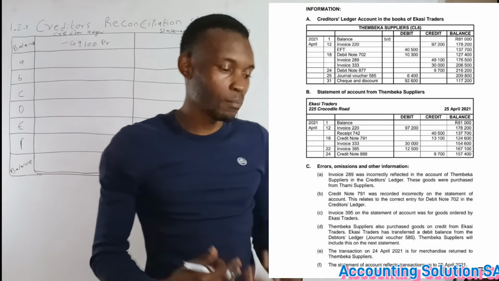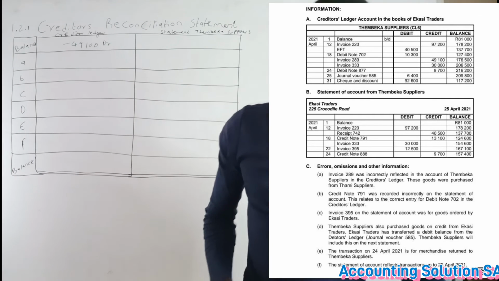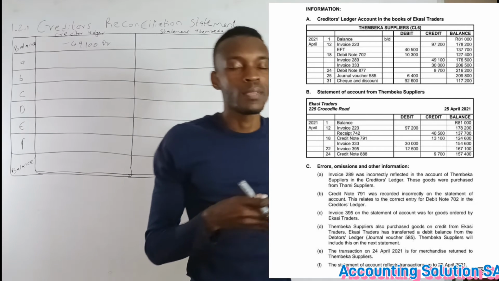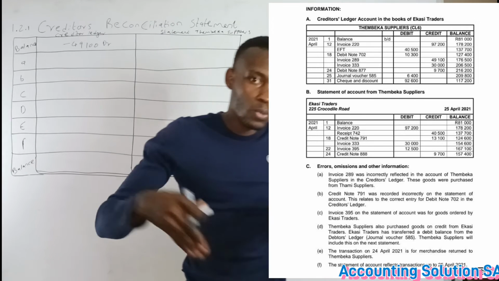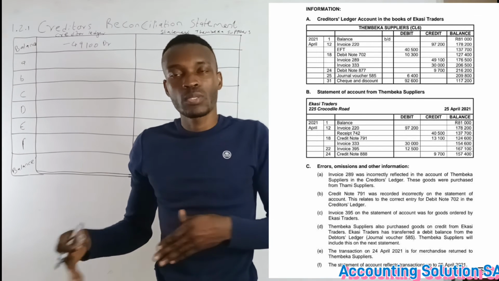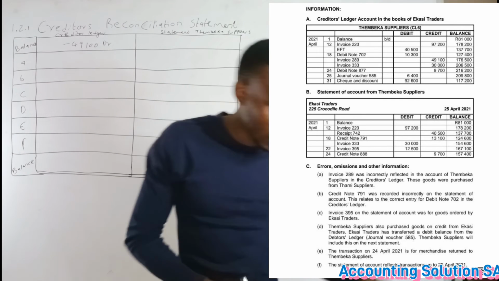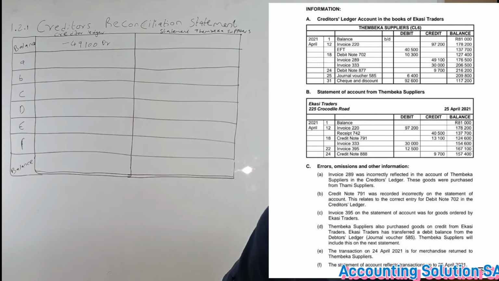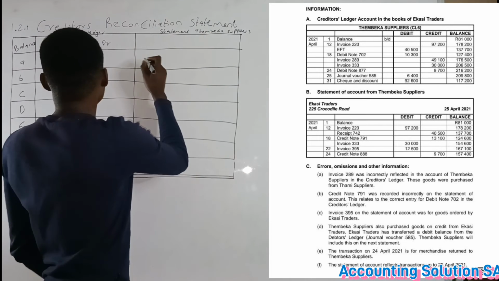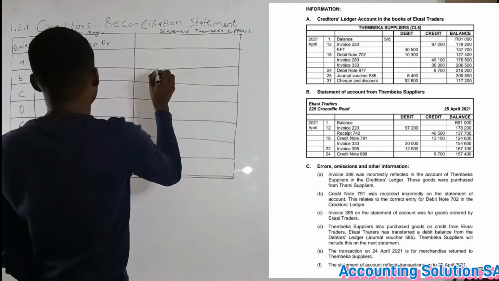Why are we adding? Remember, this 13,100 is a negative. If you take the negative 13,100 and you add the difference, you are going to get 10,300. Simple as that. So we are going to say 13,100 minus 10,300, and we get 2,800.